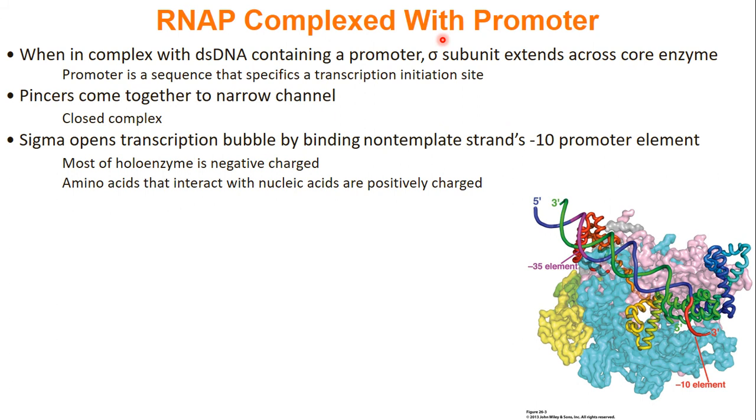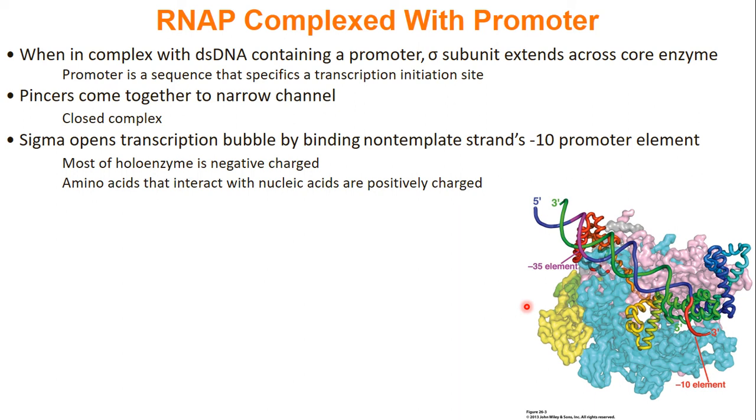Now, when this polymerase binds a specific part of the DNA called a promoter, and a promoter is a sequence that specifies where transcription should start, the subunit sigma will extend across the core enzyme. And when it does this, the pincers actually close and become shut.